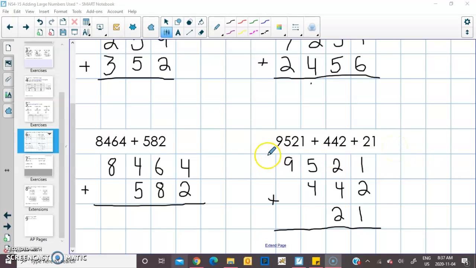It goes to the same thing if you have thousands and you have some in hundreds, and if you have some in just tens. You would do 9,521 plus 442 plus 21. Okay, so your ones line up, your tens line up, your hundreds line up, and your thousands line up.